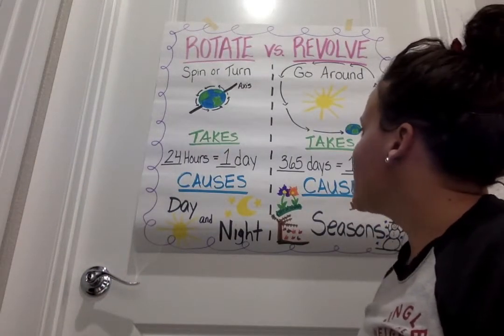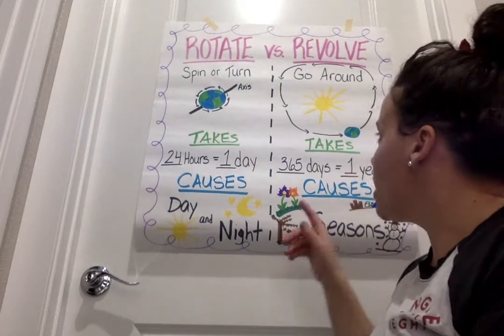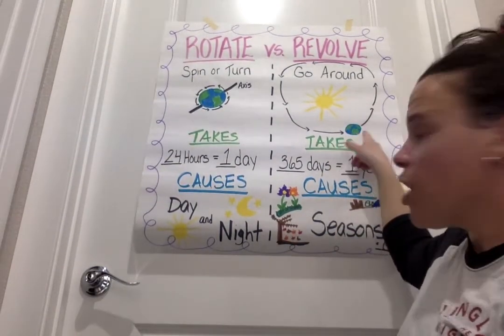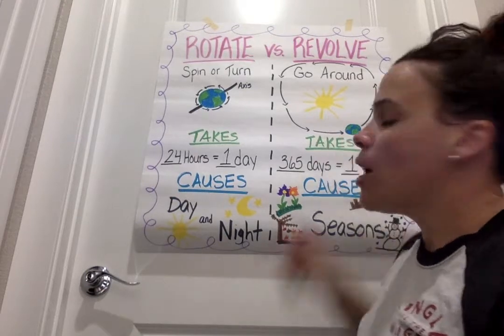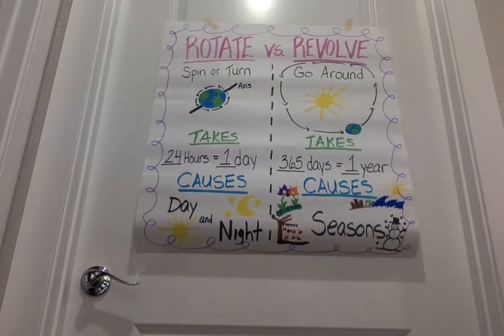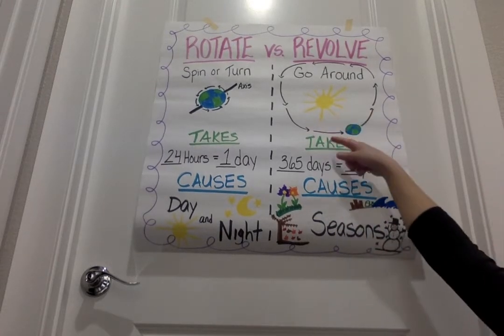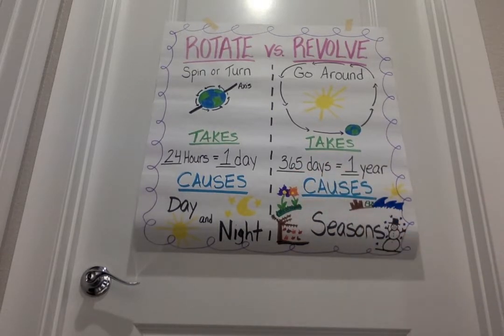And it takes 365 days or 1 year for the earth to go around the sun once. And what does that cause? That causes our seasons. As it's going around the sun, it takes 365 days or 1 year, and that's how we get spring, summer, winter, and fall.